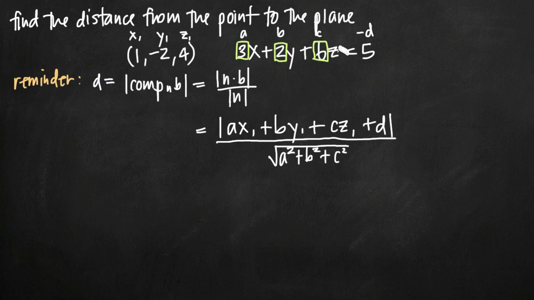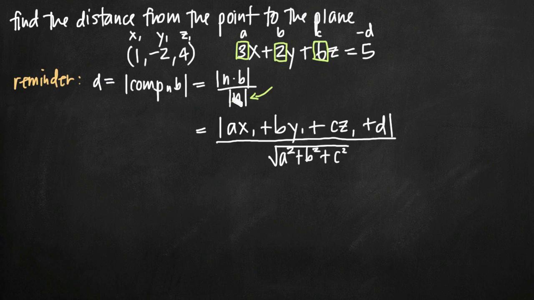That should help us to start to see the relationship between these two formulas, because here in the denominator we have the magnitude of our normal vector. Remember, we find the magnitude with the distance formula, where we square each of the components in our normal vector. And the normal vector we get just by taking the coefficients on x, y, and z. So looking at the equation of this plane, we know that the normal vector is the vector <3, 2, 6>.